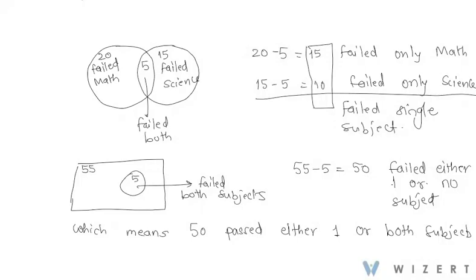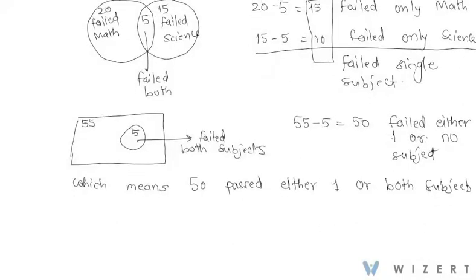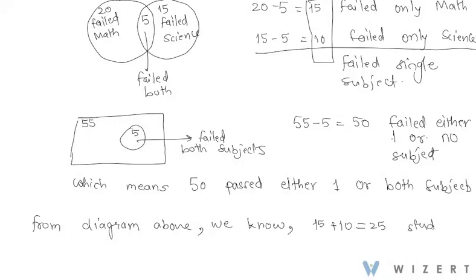From the diagram above, this third diagram, we know that 15 plus 10 equal to 25 students failed a single subject.